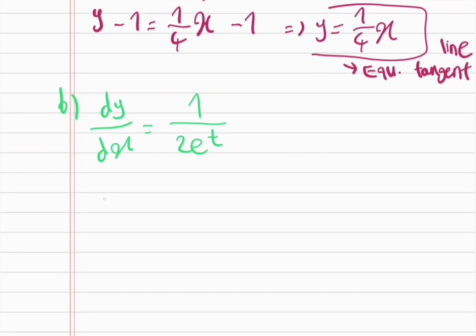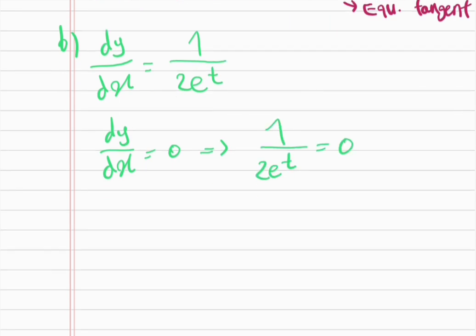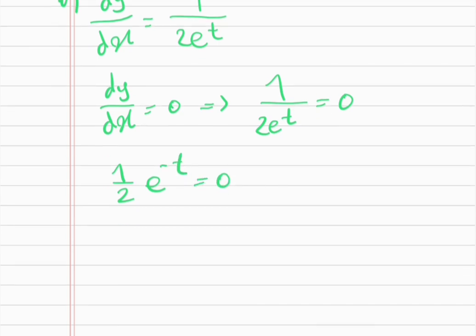If we want to find a stationary point, we need dy/dx equal to 0, which means 1 over 2e to the power of t is equal to 0. We can rewrite the left-hand side as a half times e to the power of minus t is equal to 0. And there's a big problem with this one. We can first multiply both sides by 2 to get rid of that, and we get e to the minus t is equal to 0.